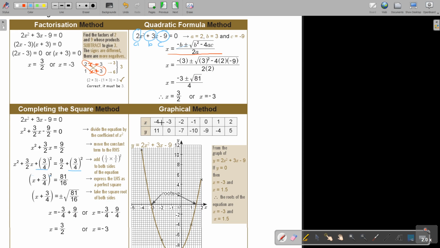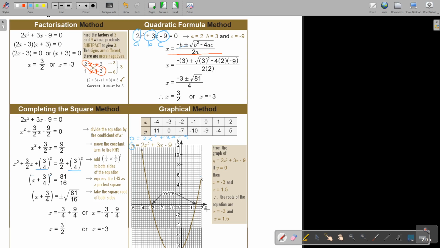And then, it was by drawing a graph. I choose a few x values, I work out the y values, and I plot the points. And where this curve cuts the x-axis, in the place of y, I was putting a 0. So that means y equals 0.